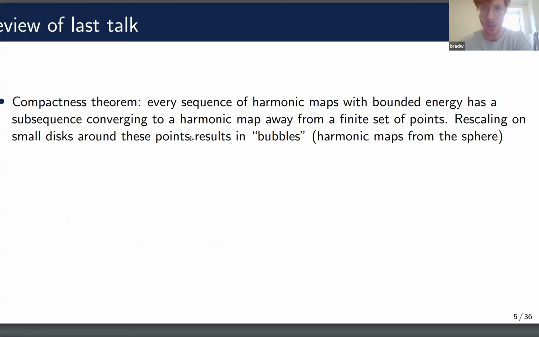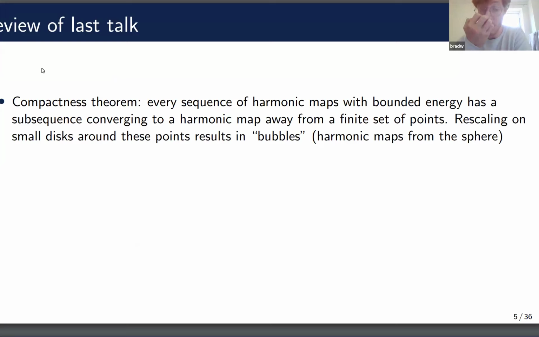And what we started to prove last time was this compactness theorem that Sacks-Uhlenbeck proved. It says roughly that every sequence of harmonic maps with bounded energy has a subsequence converging to a harmonic map, except at certain points where the derivative blows up.